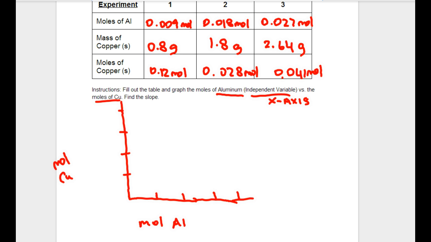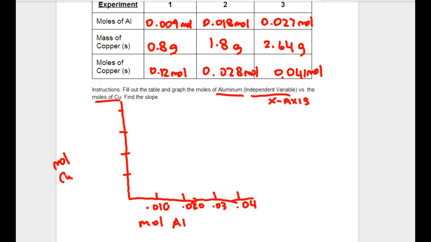For the x-axis, which would be the moles of aluminum, we can think of this as 0.01, this as 0.02, this as 0.03, and this as 0.04.